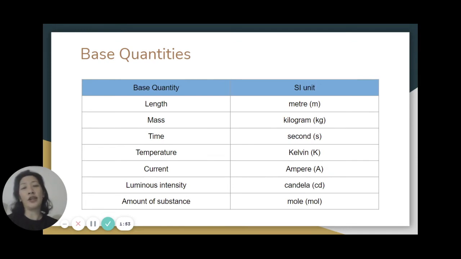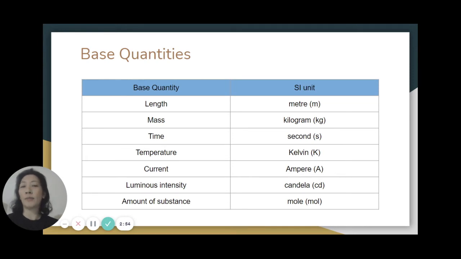So you'll find that a lot of teachers and even books only mention the first 5. But it's good for your own knowledge to be aware that there are actually 7 base quantities that exist in this world. And again, these base quantities are as in this list: length, mass, time, temperature, current, luminous intensity, and amount of substance. Now you'll find that amount of substance is covered in chemistry. So if you're taking chemistry, you will learn about the concept of moles.